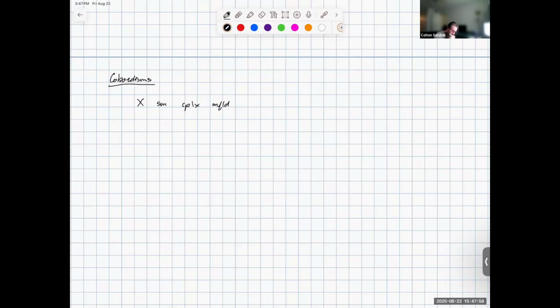Here I want to work with complex manifolds, and I want to explain what it means for two morphisms to be cobordant.